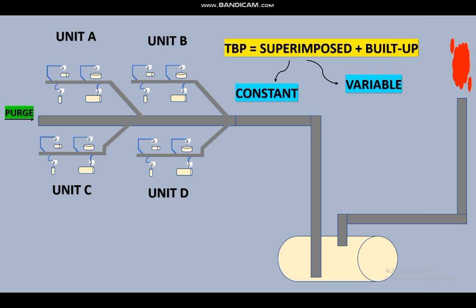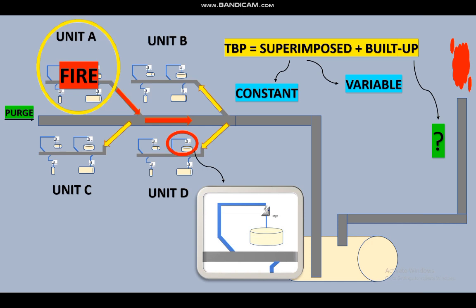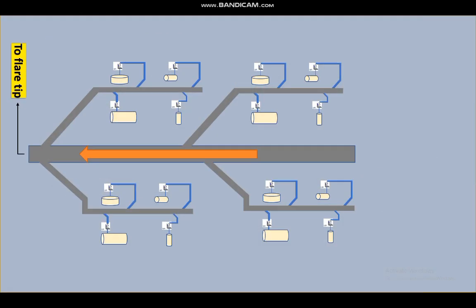Now, for the variable back pressure, let's consider that a fire is happening in unit A. The pressure that other PSVs in units B, C, and D experience is called variable superimposed back pressure. But what about build-up back pressure? As we can see, this PSV in unit D is activated and is releasing pressure into the flare network. The pressure that PSV experiences at its own outlet is called build-up back pressure.